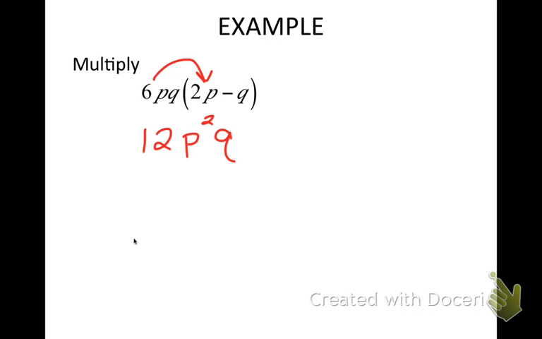Because this is a p to the 1, this is a p to the 1. 1 plus 1 is 2. The q doesn't have a q to multiply with, so it comes down as q. Second. Yeah, negative 6p q squared. Okay? So we're good with a monomial being in front of my polynomial.